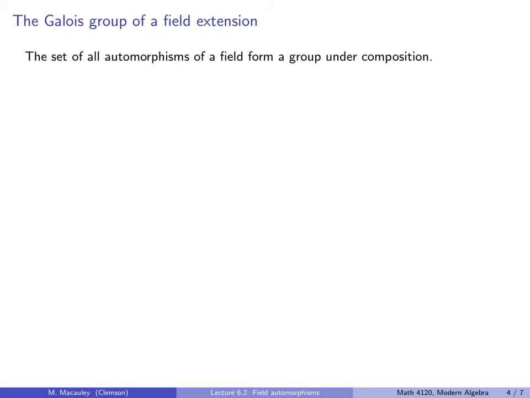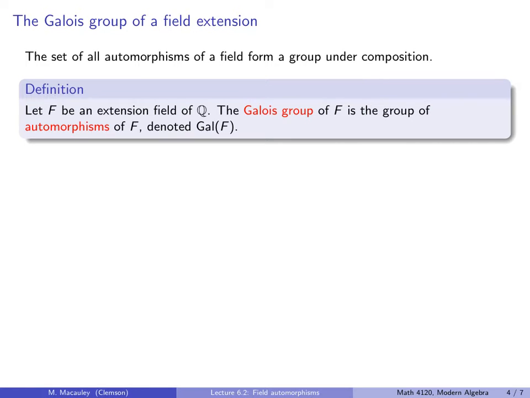Speaking of Galois theory, that's a term that I've thrown around a lot, but I have yet to define exactly what it is, so I think it's time to do that now. So the set of all automorphisms of a field form a group under composition. Here's the formal definition.